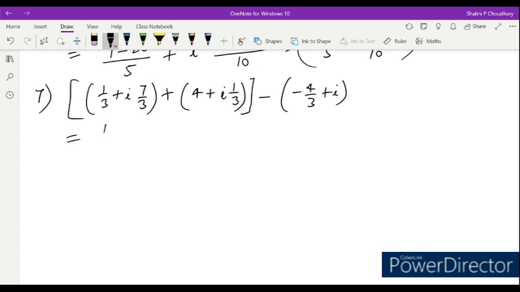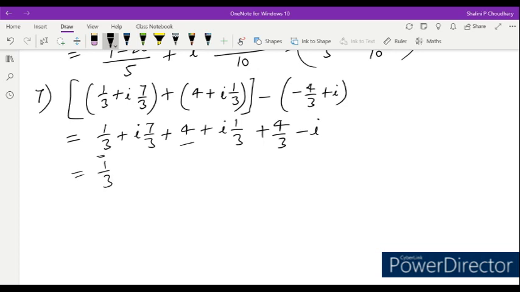So 1 upon 3 plus i 7 upon 3 plus 4 plus i 1 upon 3 minus 4 upon 3 minus i. Now, all the real parts we take on one side: 1 upon 3 plus 4 plus 4 upon 3, okay, these three.